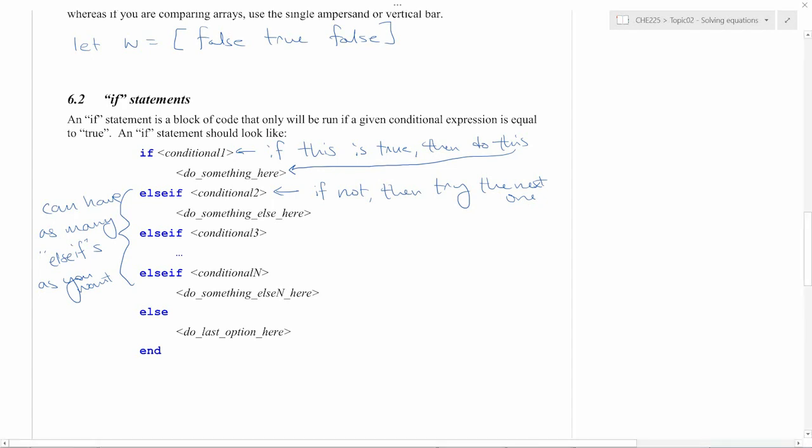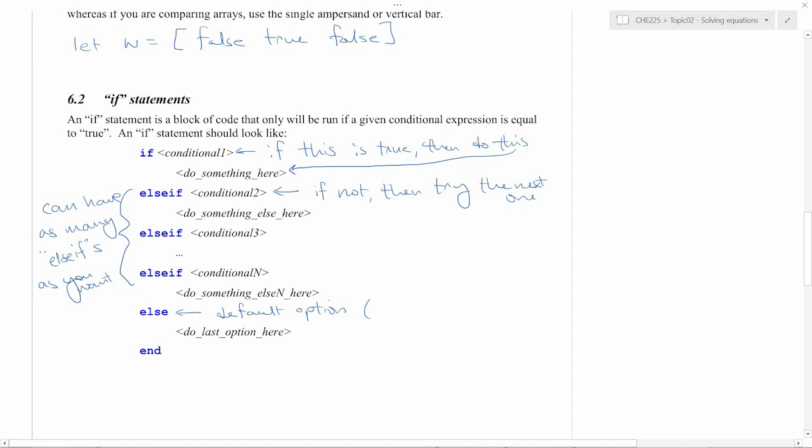And then the last thing that you can say is you can say else, which is sort of like the default option. If none of the statements above are true, then this is the last thing that you'll do. You'll definitely do that last one if none of the above statements are true. And you don't have to have an else, so you can have 0.